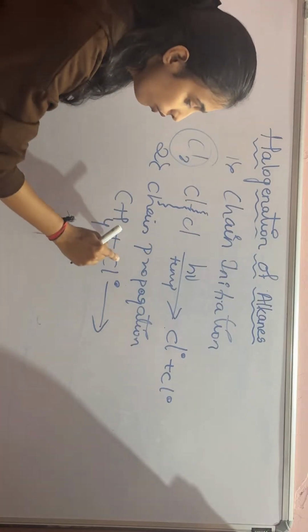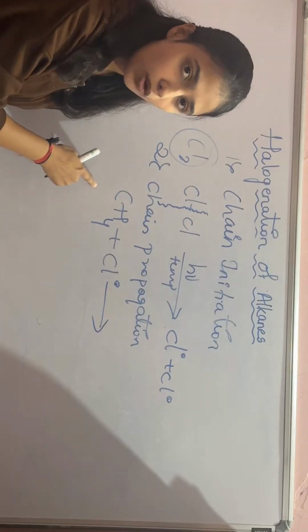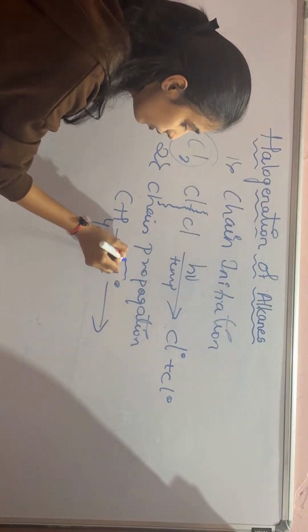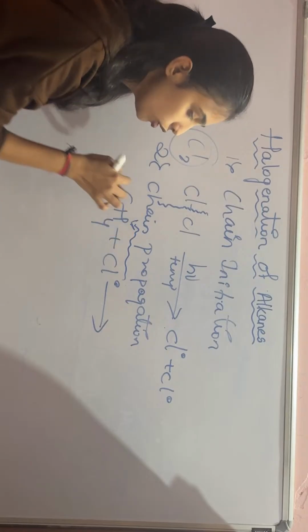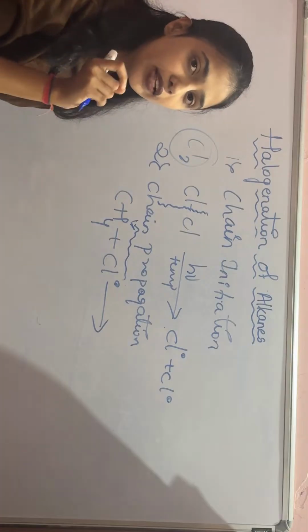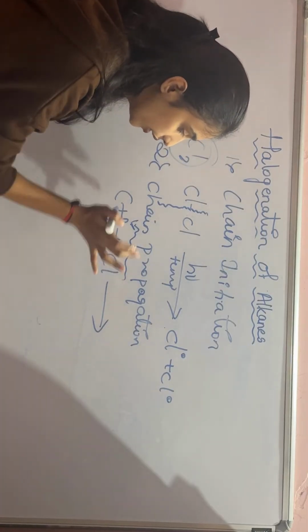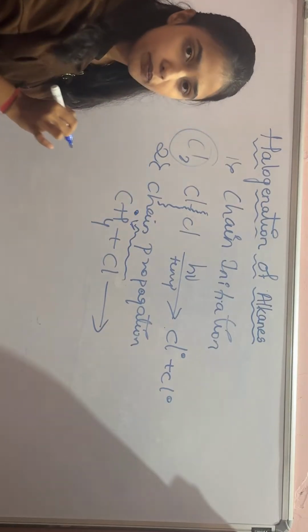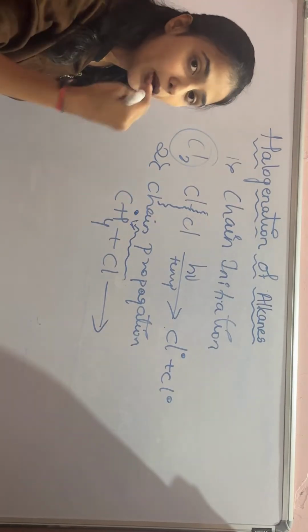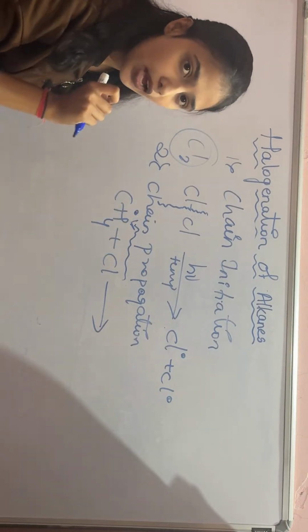Just remember one point. Whenever your free radical atom reacts with a normal atom, it transfers its free radical property to that atom and makes that atom a free radical. So once it reacts, this free radical will be transferred to our methane to form methyl free radical. That is one point you have to remember.